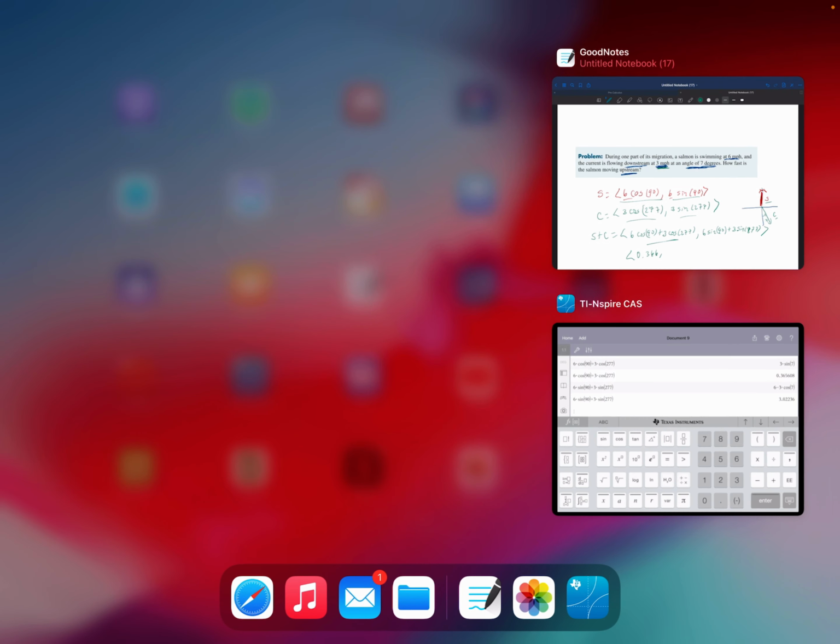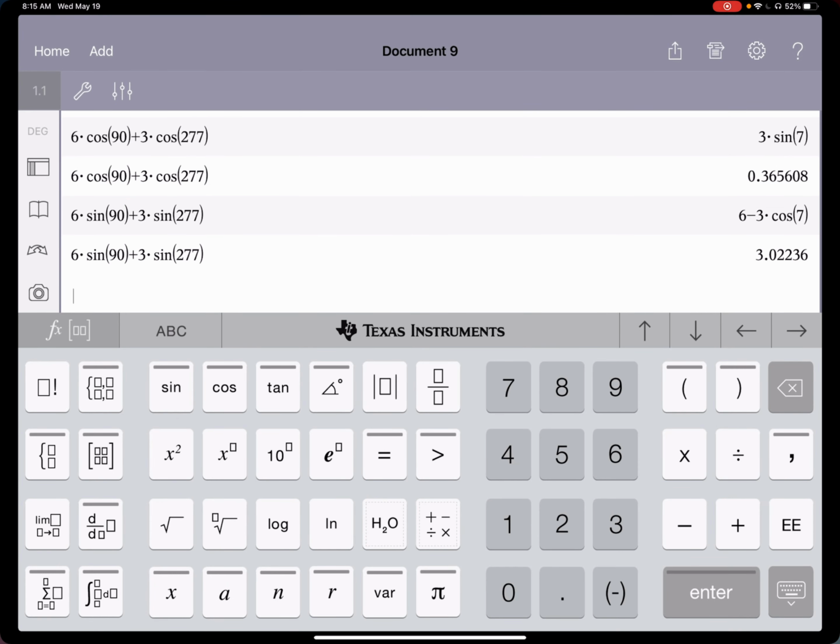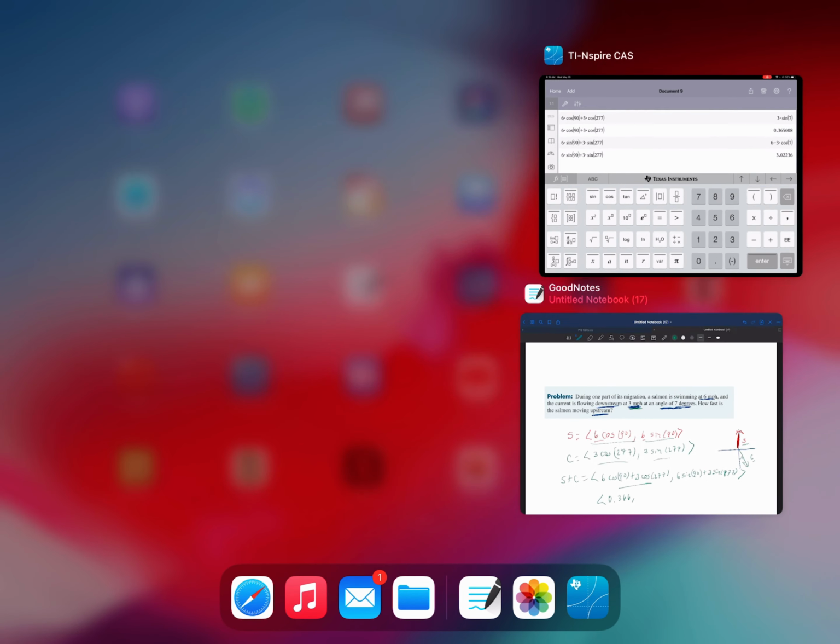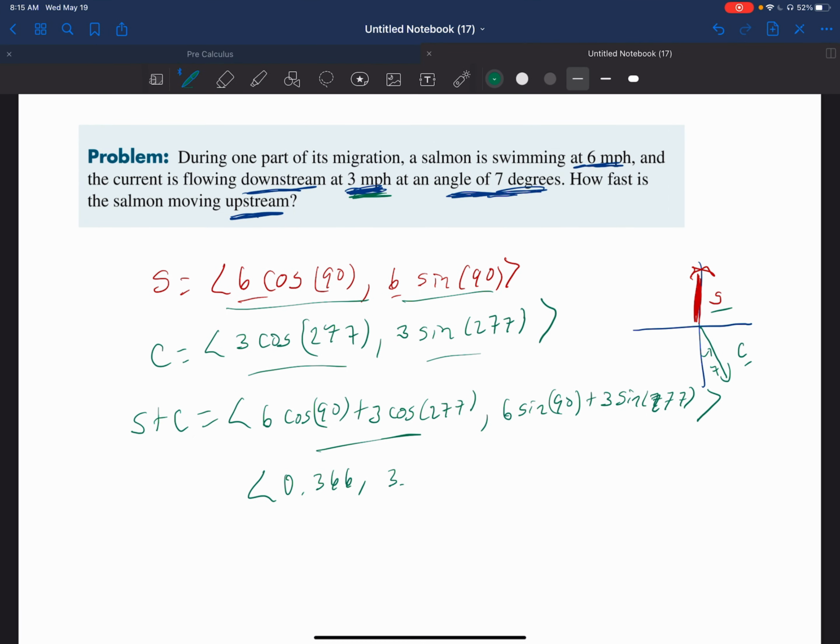And then my B is going to be 3.022. After I add them up together and I have the resultant vector of basically the addition of the two vectors that I'm working with, all I have to do is find the magnitude of the new vector, and then that will tell me exactly how fast the salmon is moving, because it's putting enough force to move 6 miles per hour, but then the current is pushing it down.